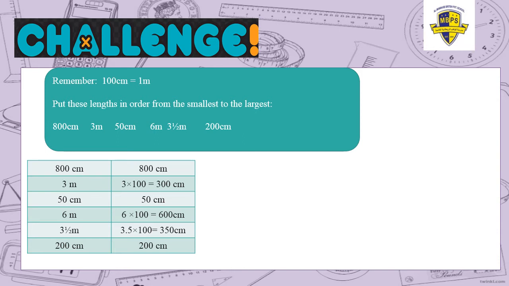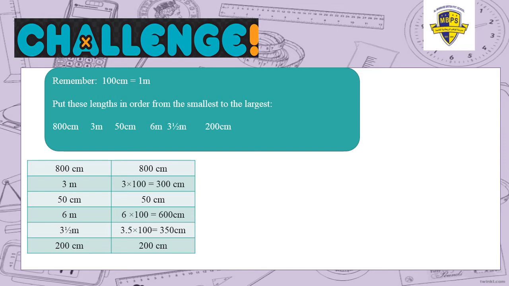So here, let's write all in centimeters. The first one is 8 centimeters, so I will not change it. The second one is 3 meters. To write it in centimeters, from big to small, I multiply by 100, so it's 300 centimeters.